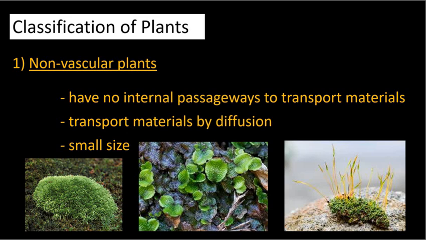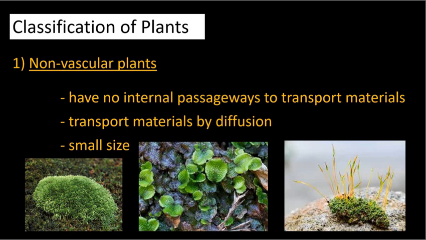Okay, that means they have no internal passageways to transport materials inside the plant. You think about people, we have the cardiovascular system with all the blood vessels and things. They don't have the plant equivalent. They don't have vessels transporting things within them.